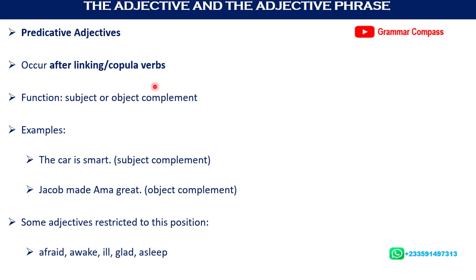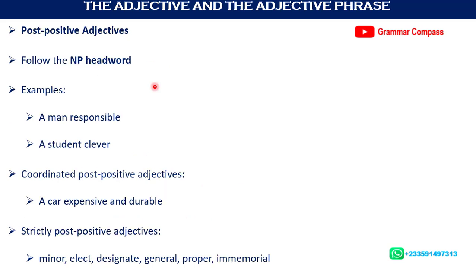Let us talk about the last role or the last syntactic function of adjectives. That is the post-positive adjective. Now, when an adjective is functioning post-positively, then it means that it follows the noun phrase head word immediately. There is no copular verb in between. For example, a man responsible.